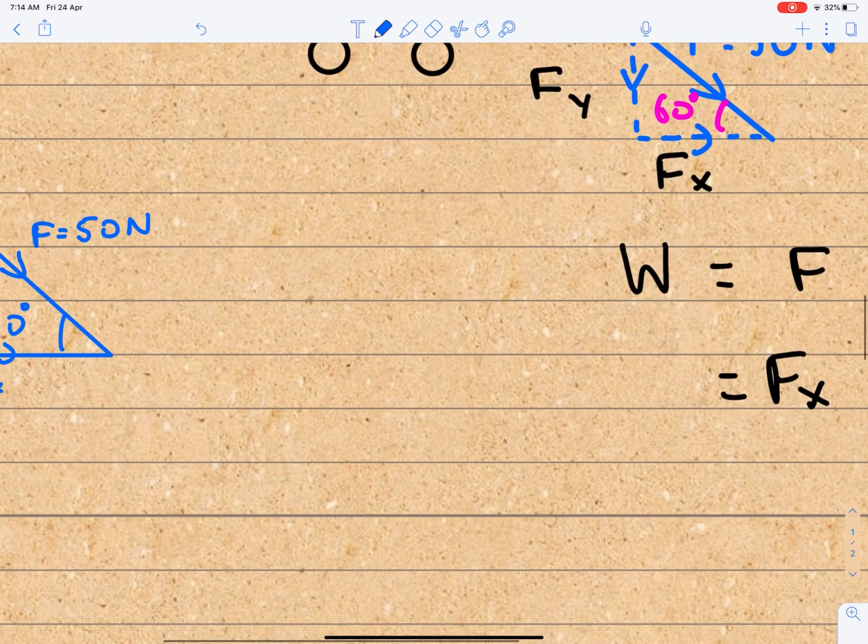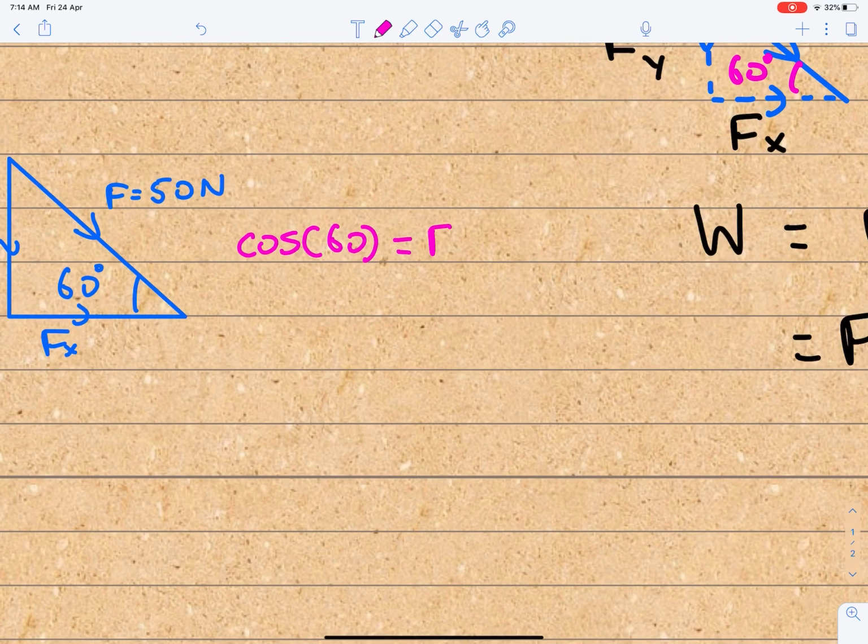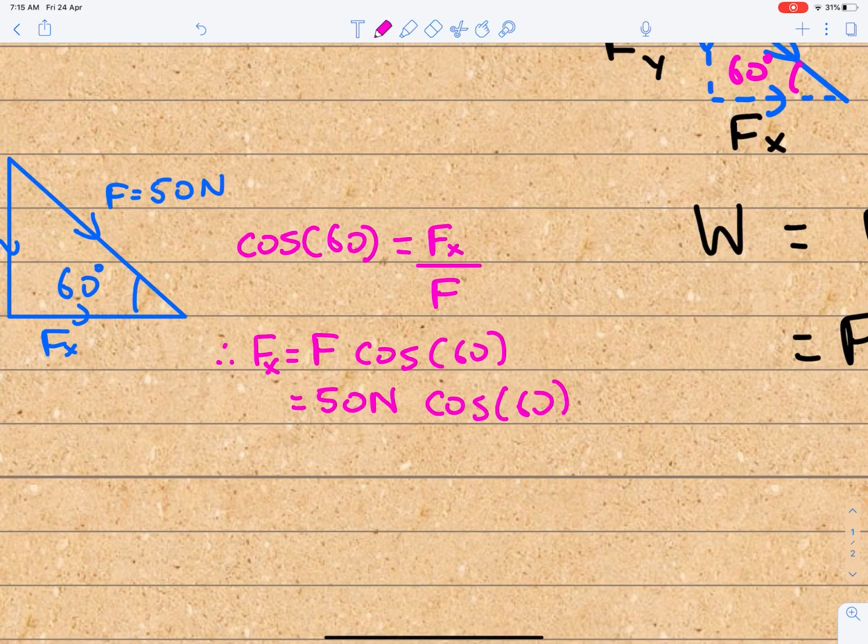So we have cos 60 is equal to Fx divided by F, hence Fx is equal to F cos 60, which is 50 Newton cos 60, 50 Newton times 0.5, which is equal to 25 Newtons.